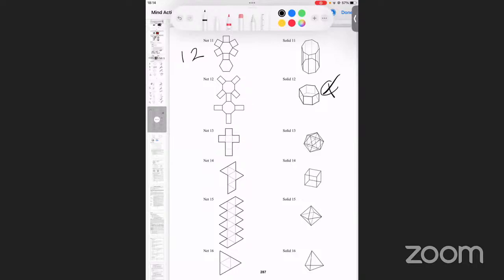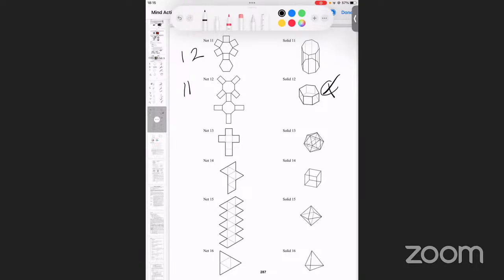It's a hexagonal prism, all right? Okay, and net 12, what do you think it's going to be? Ma'am, solid 11. Yes, 12 is going to be 11.